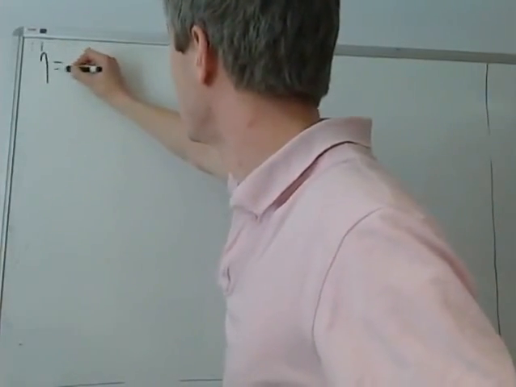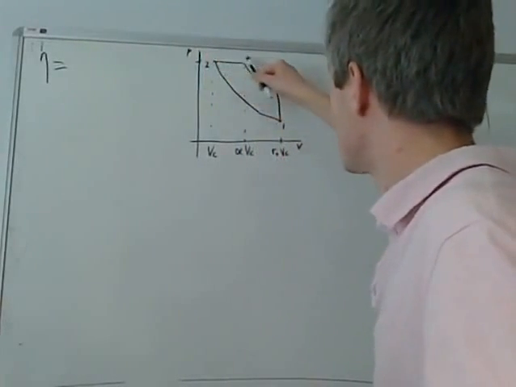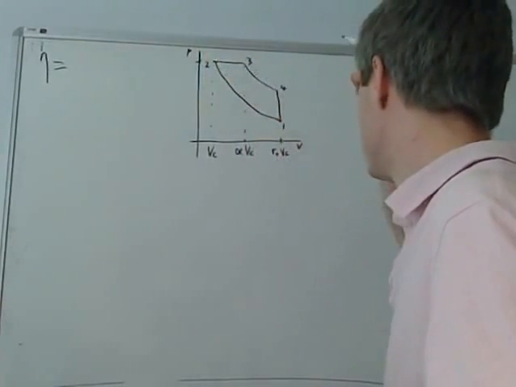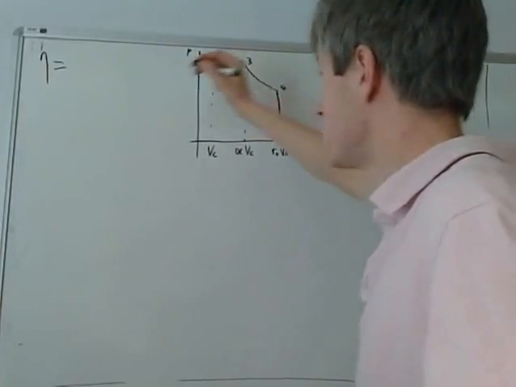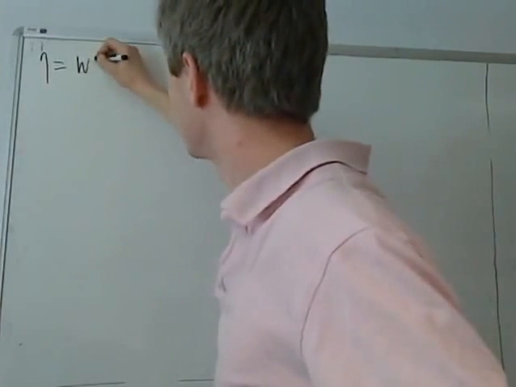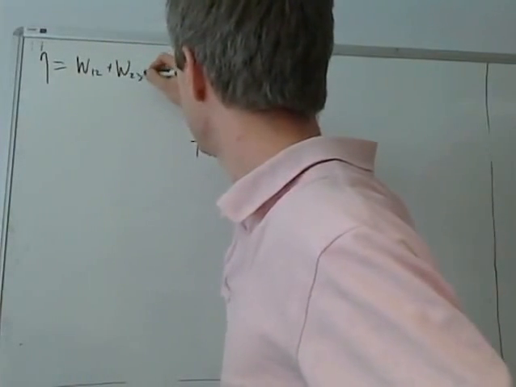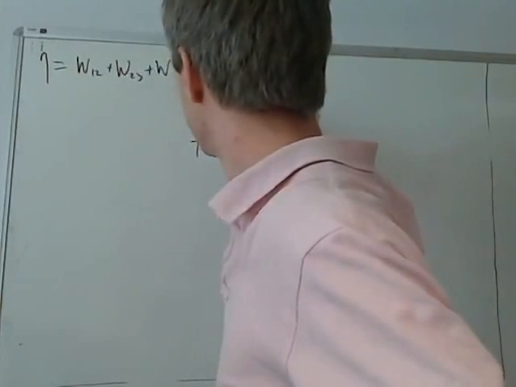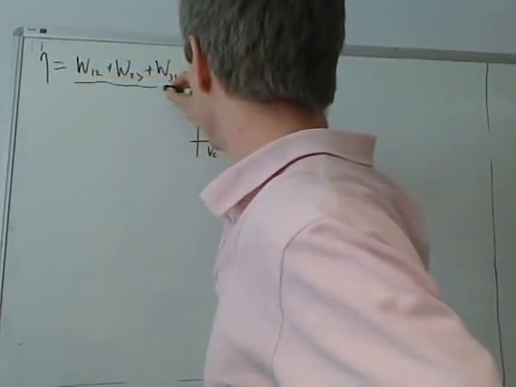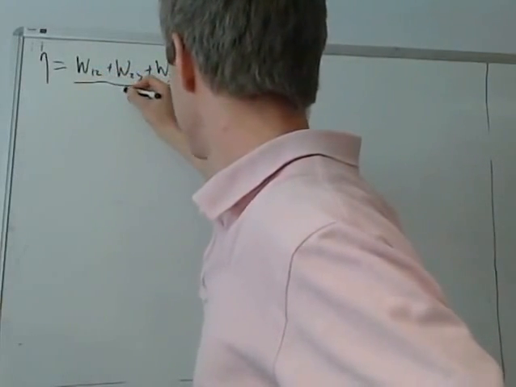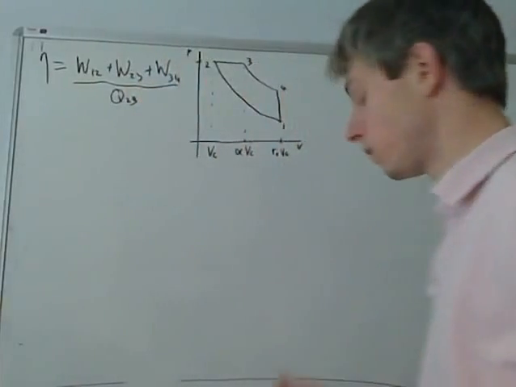So the thermal efficiency is defined by the work we get out, and here we have work not just from the expansion and compression, the isentropic expansion and compression, we also have work associated with this constant pressure process. So we have work 1, 2, plus work 2, 3, plus work 3, 4, all over the heat that it costs us to achieve that, which is Q 2, 3.